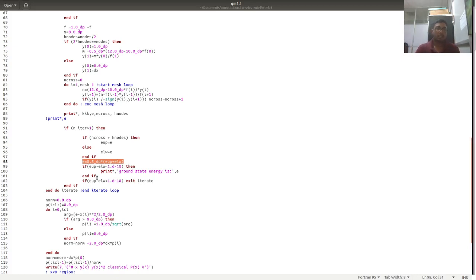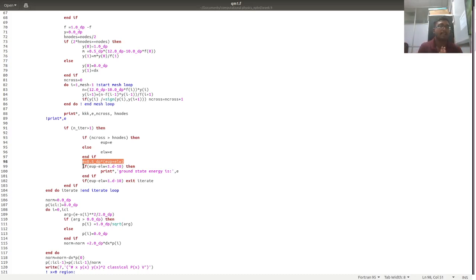How long the bisection method will continue depends upon a parameter given by EUP minus ELW, the difference between maxima and minima.